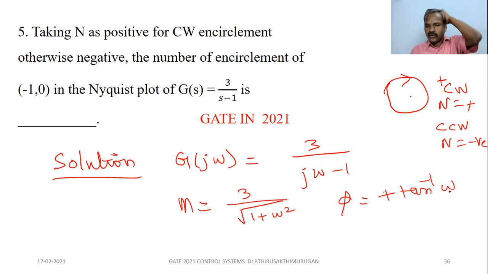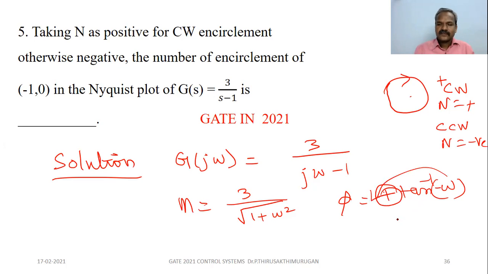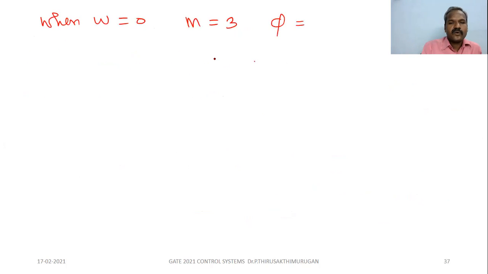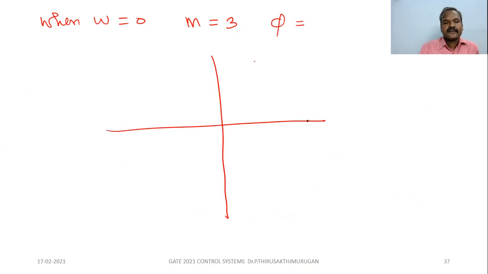When omega is 0, tan inverse of 0 is not 0 actually, because of the minus it is phase shifted by 180 degrees, so minus 180 degrees. So when omega is 0, the magnitude is 3 on this side, so minus 3 at a phase angle of minus 180.